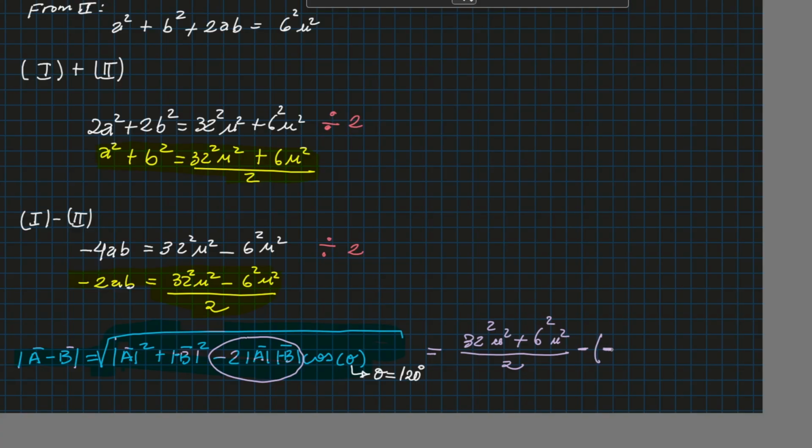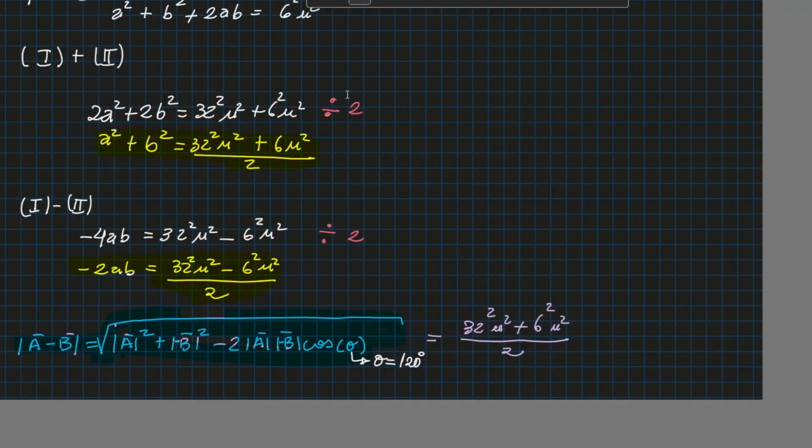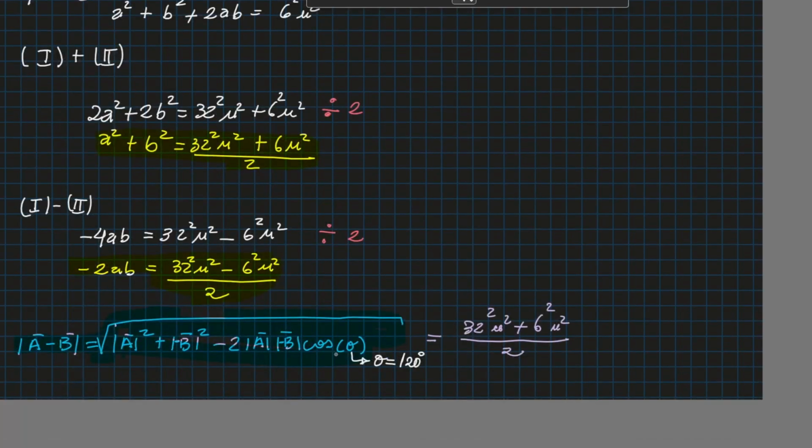Minus... erase this one. Okay. So this expression here is plus 32 units squared minus 6 units squared divided by 2.